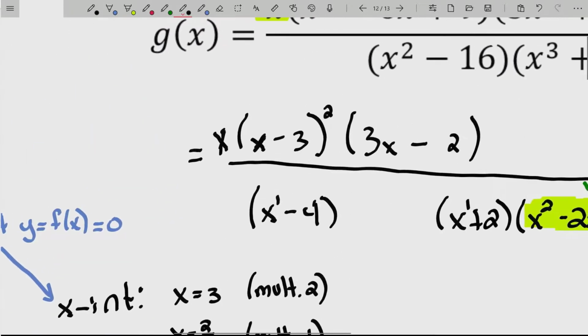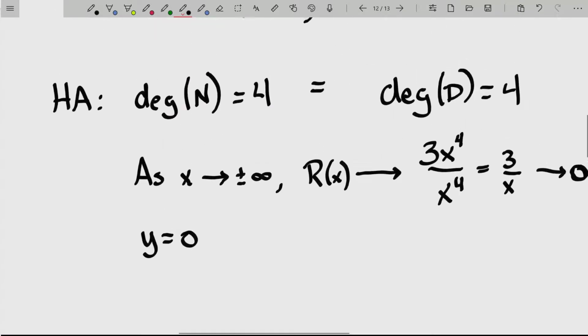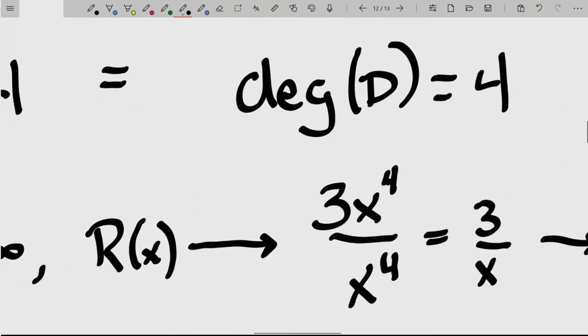Again, just go back to this polynomial here. Had you multiplied out that numerator, you'd get a power of X, 2 powers of X, and then another power of X with a 3 on it. So you'd have a 3x to the 4th. That's why I write, oh, this is like 3x to the 4th over x to the 4th, which is 3.